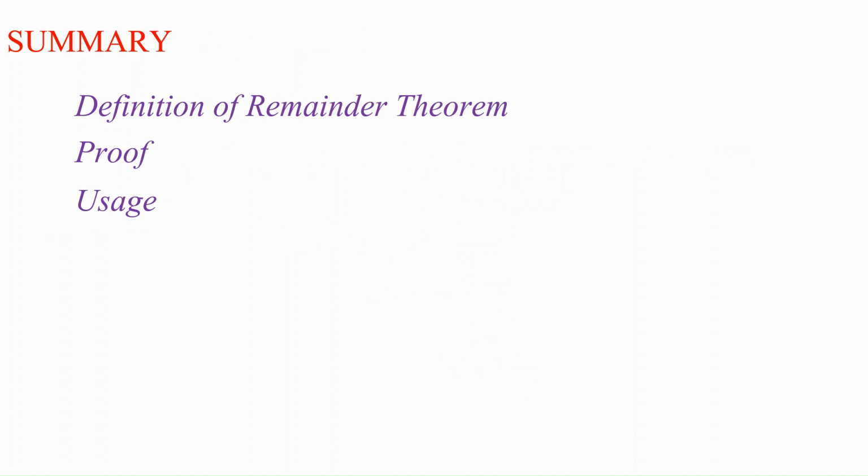In this video, we have seen what the remainder theorem is. The theorem states that for any algebraic expression f of x which has a degree n greater than or equal to 1, when we divide this with x minus a, where a is any number, the remainder can be obtained by doing f of a. f of a is nothing but substituting a in place of x in the original equation.